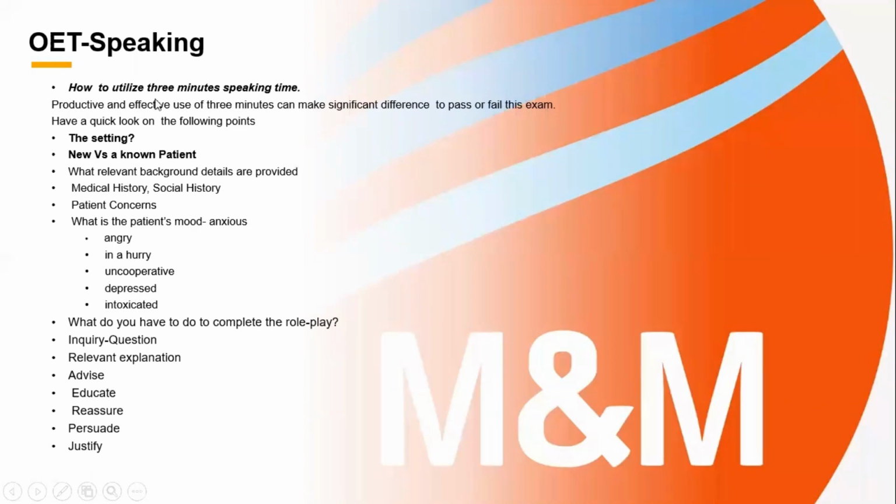These are some of the things, such as to understand the setting, to understand the scenario, that new versus known patient, what relevant background details are being given, and how you can utilize them in your speaking consultation. Your medical history or social history is important. Your patient concern, right? What is the patient mood? Either he's angry, in a hurry, cooperative, depressed, and so on, right?